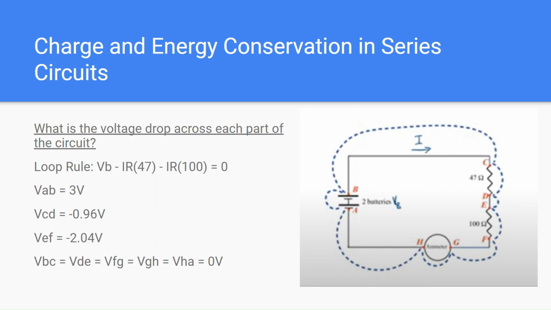When we use IR, we take the current that we calculated times the resistance, and we get 0.96 volts and 2.04 volts. When it goes through these resistors, it goes from positive to negative, making it negative and making everything sum to zero throughout the entire loop. Everything else that's not a resistor or a battery will be zero, because we're assuming it has a resistance of zero, and therefore I times R would be zero.